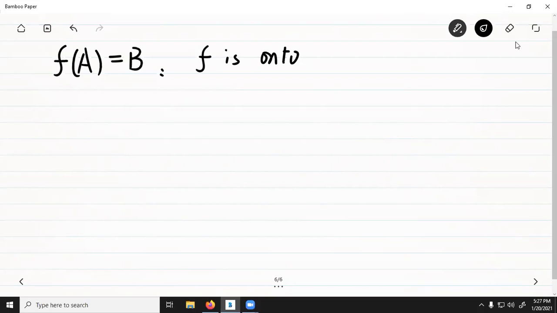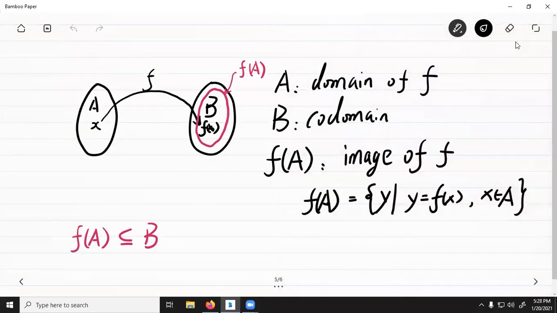In other words, for any element in B, you must have a pre-image, an element in A. For any element in B, you must have the pre-image for this function.